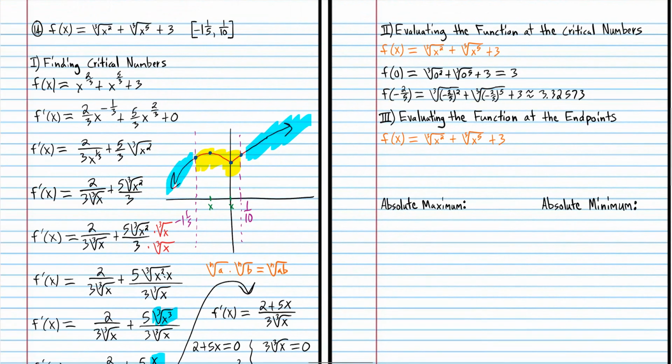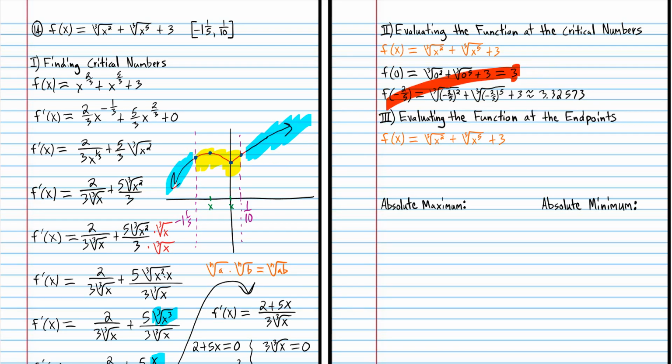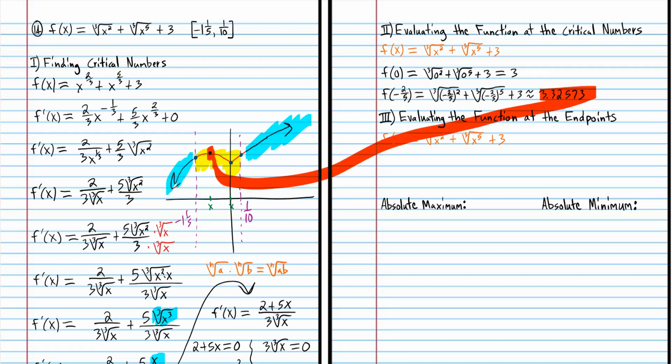Alright, so we just found these red numbers are the y values of these two inner points. 3 is the y value of that point, and 3.32573 approximately is the y value of this point here.